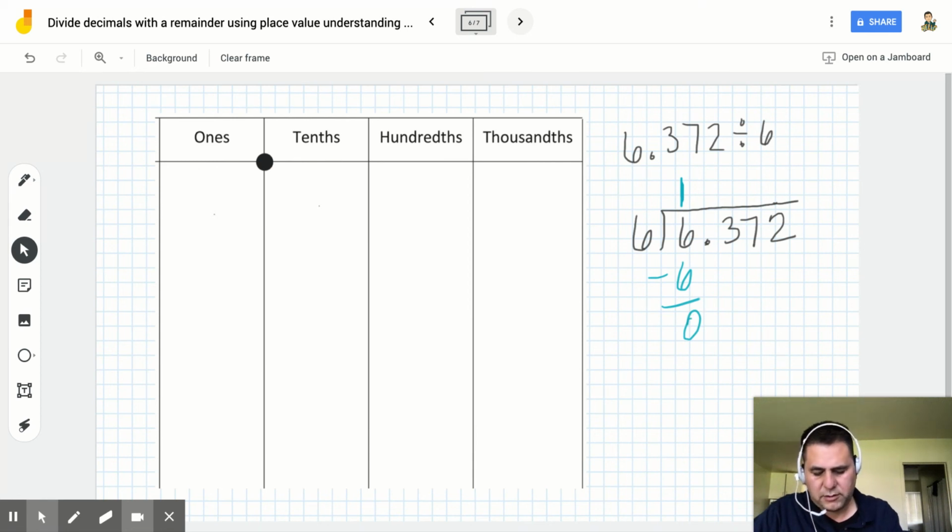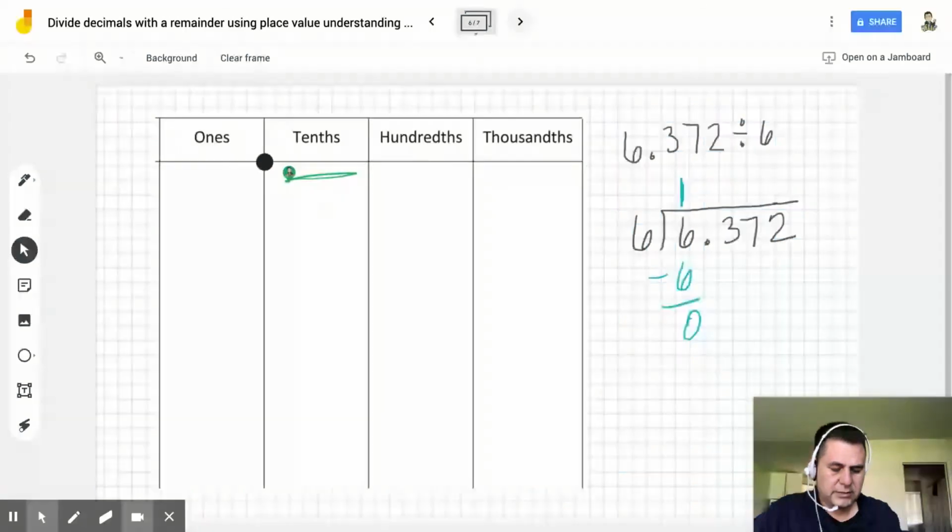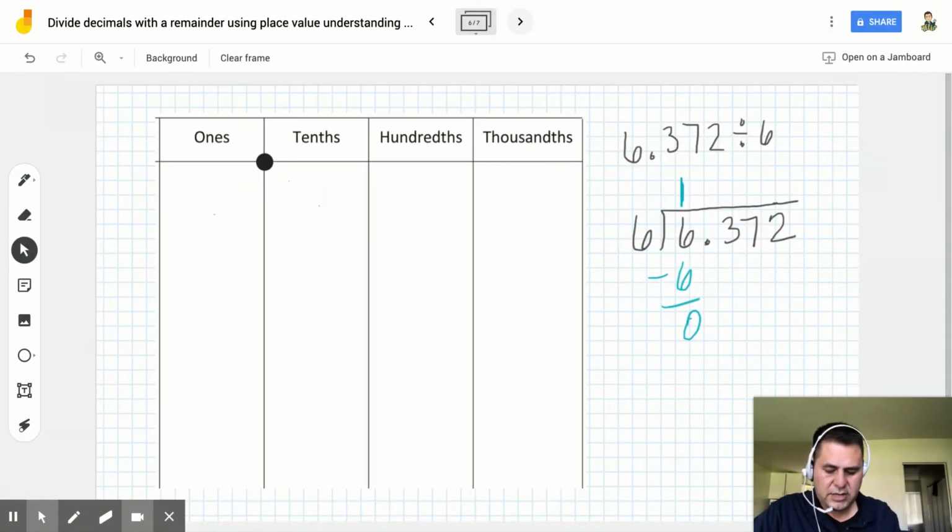Now we're going over to the next place value. I've got 3. Can I divide 3 evenly into 6? No. I've got 3. Can I divide evenly? No. That means we're gonna leave them. That's gonna be 0 tens.